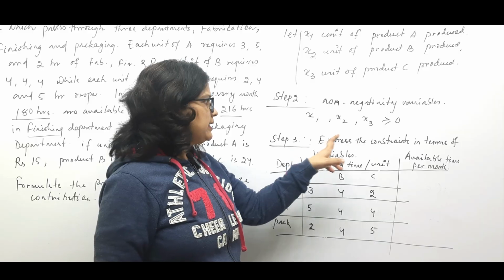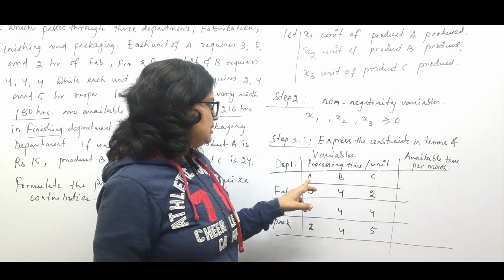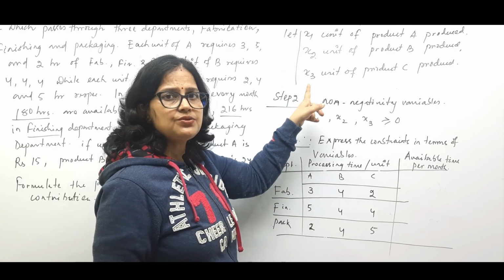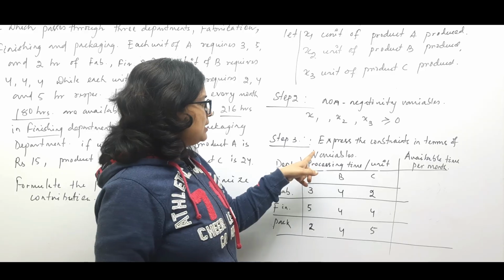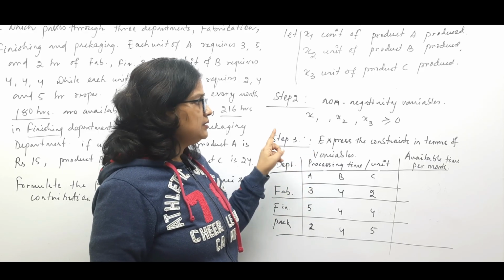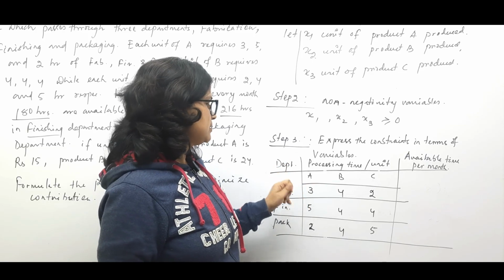Step 3. Express the constraints in terms of variables. We have identified our decision variables as x1, x2 and x3. So how are we going to identify the constraints in terms of our variables?